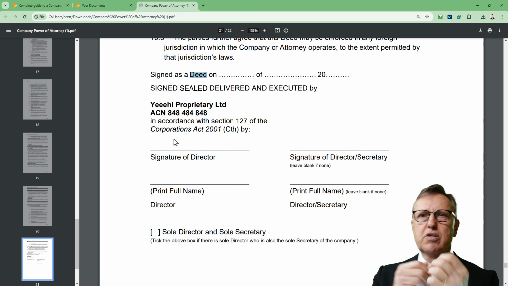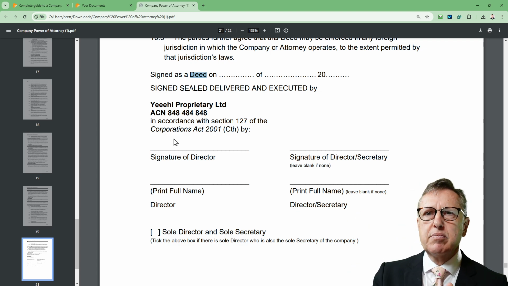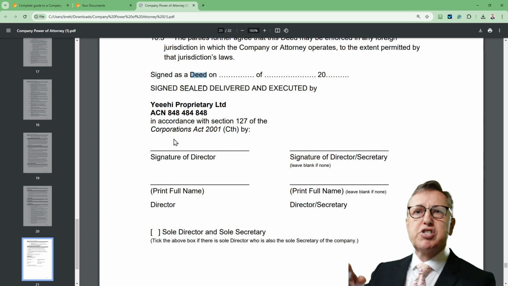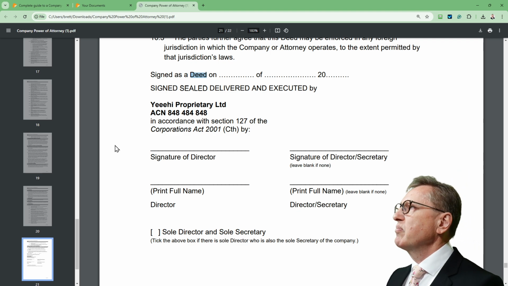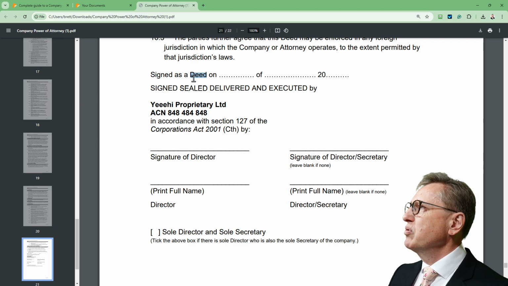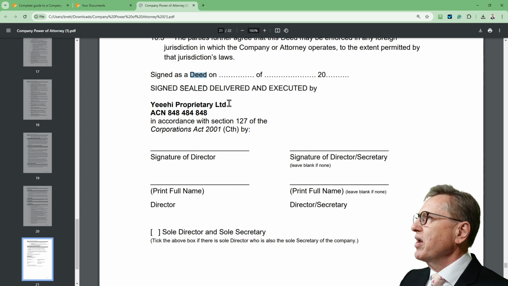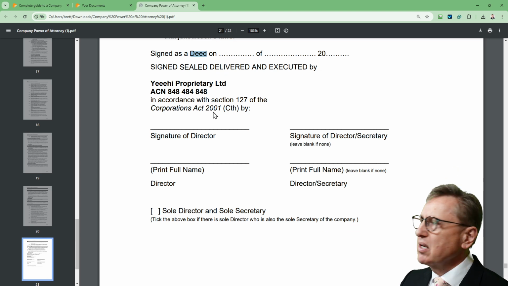It's called a seal. Well, that's the same here. A thousand years later, we still have a seal, but we sign it in this way. In fact, rather boring, really, because all you do is put signed as a deed. Lost a lot of that wax and what have you. Signed as a deed, and there it is for the company sealing clause.